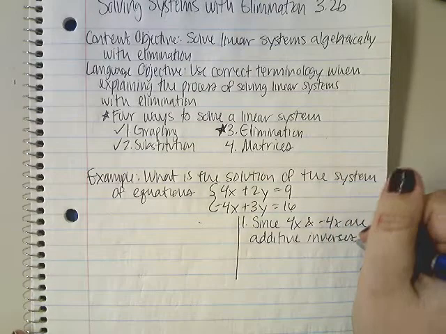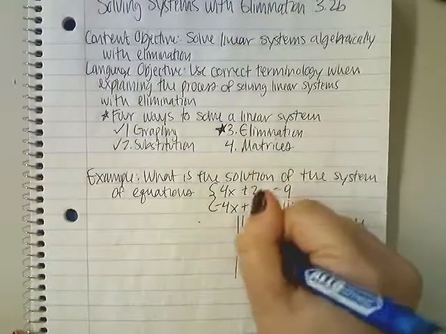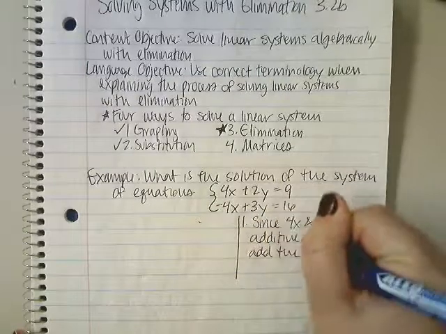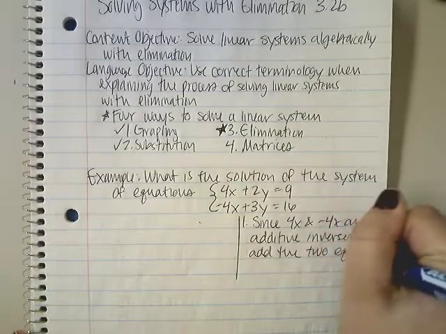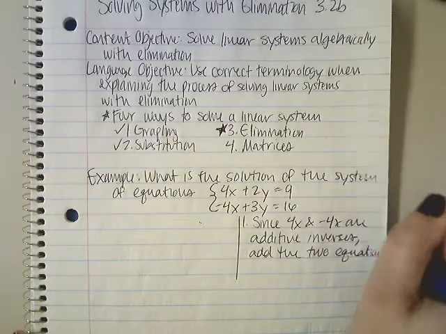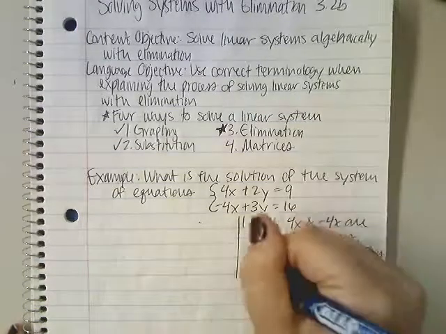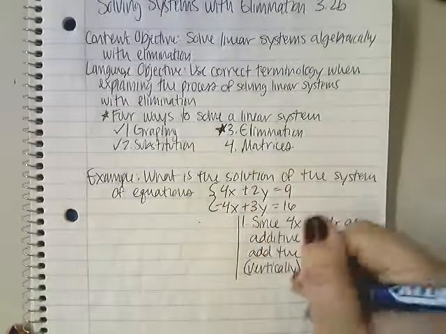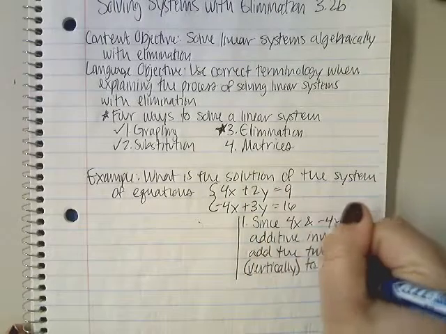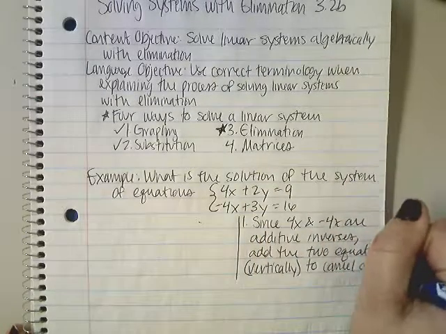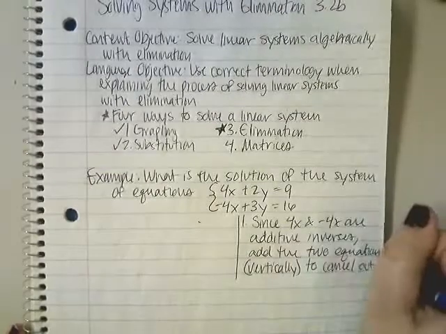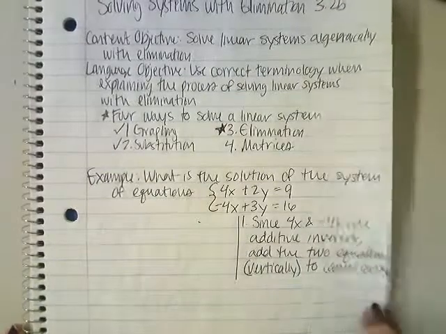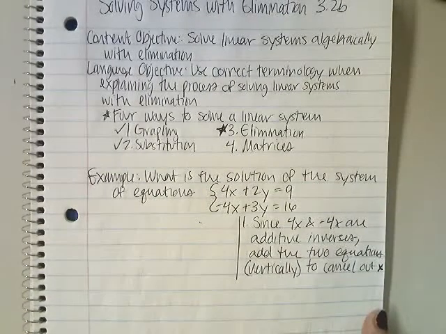we're going to add the 2 equations vertically, just so we can visually see it, to cancel out x. So again, the vertically is more just for visual sake.